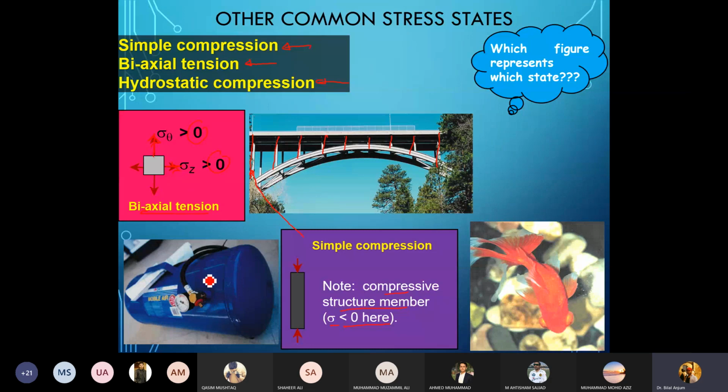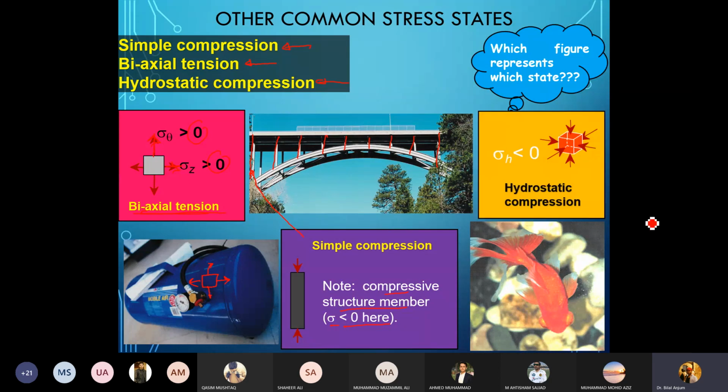In the cylinder you essentially have stresses acting in 2 directions, longitudinal and radial, and the surface of the cylinder is in biaxial tension. And in this example of fish underwater, you have hydrostatic compression where the stress is acting uniformly in a compressive manner from all directions. All right. So these are other common states of stress.